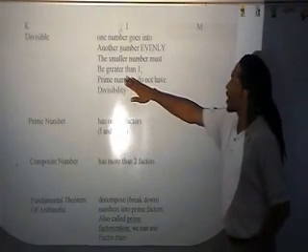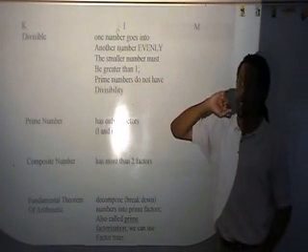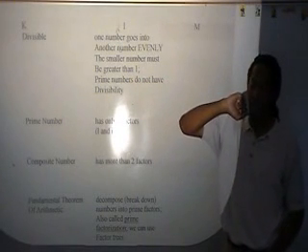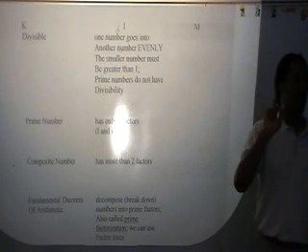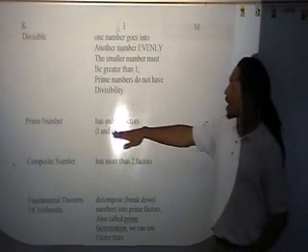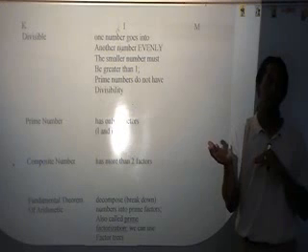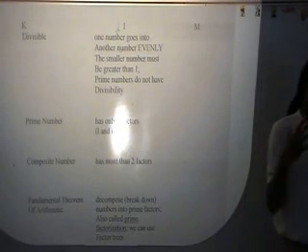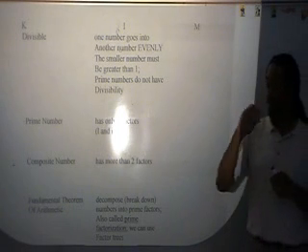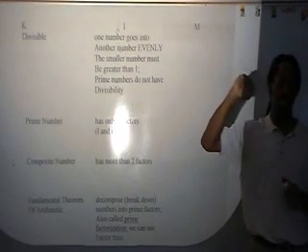It says it must be greater than 1. Prime numbers do not have divisibility. Okay? Remember our definition for a prime number is it only has two factors, 1 and itself. So that means that it does not have divisibility. So if we can divide a number bigger than 1 into another number evenly, that bigger number has divisibility.